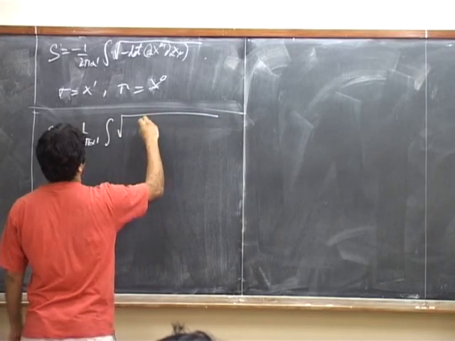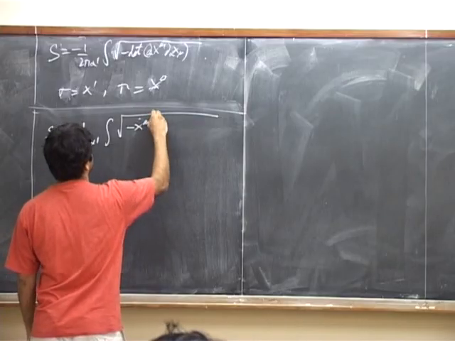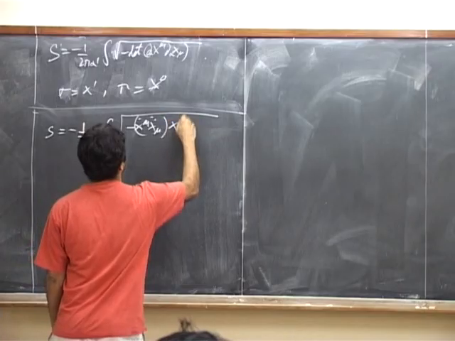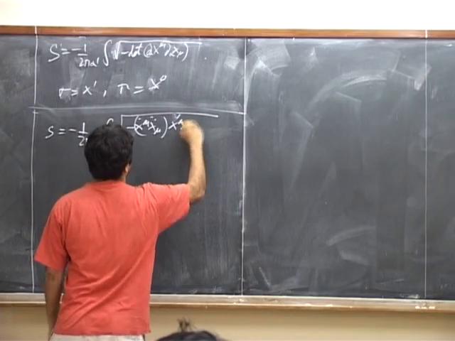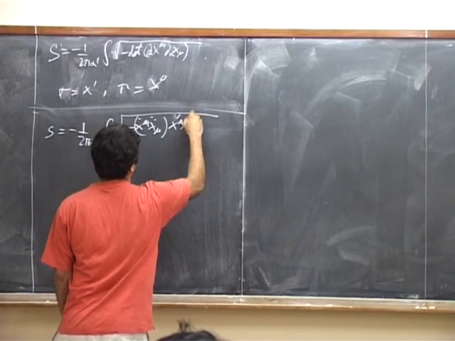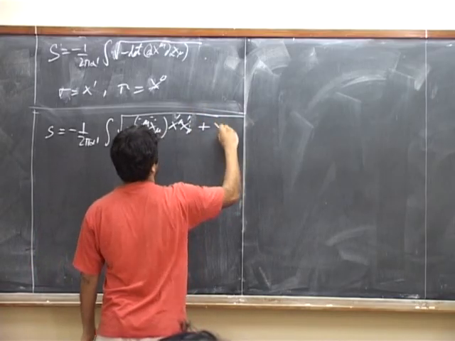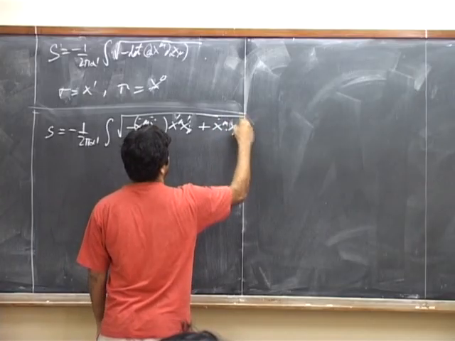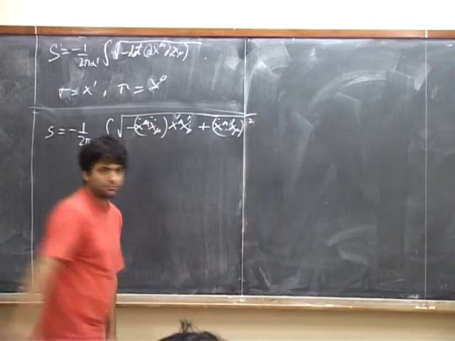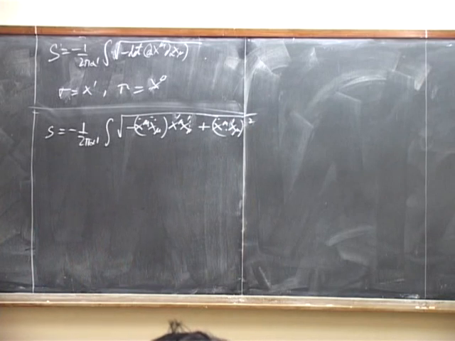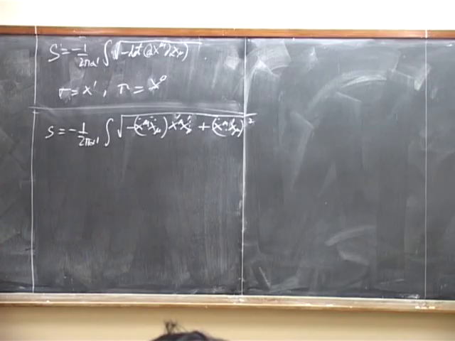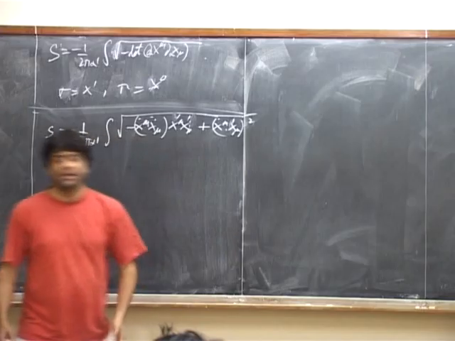It could be written as minus x mu dot times x mu dot, times x mu prime times x mu prime, and then plus x mu dot times x mu prime squared. This is minus, and this is plus. This is minus. Fine.